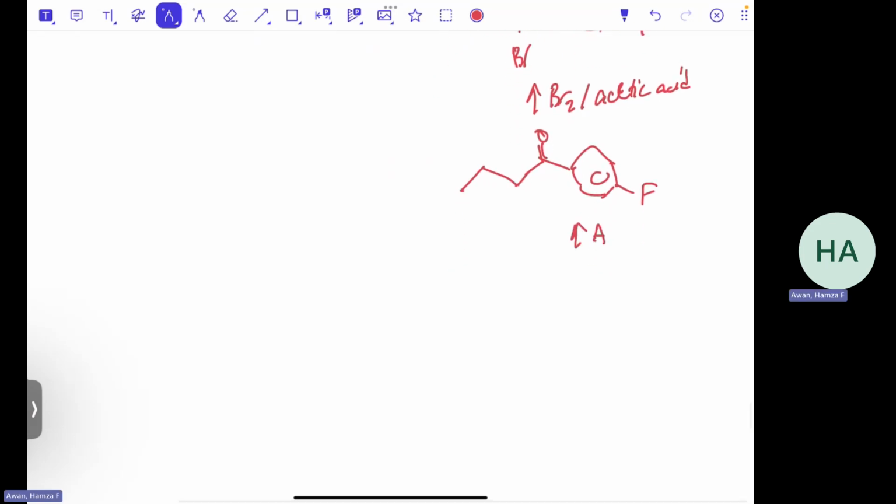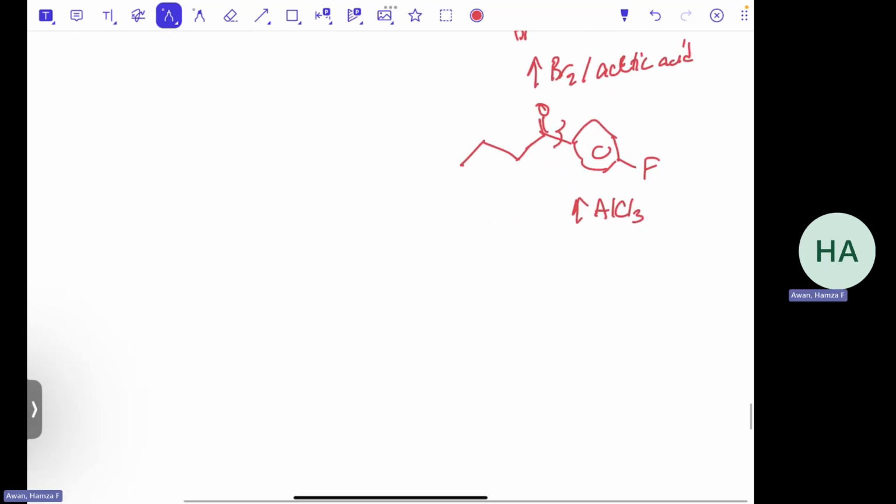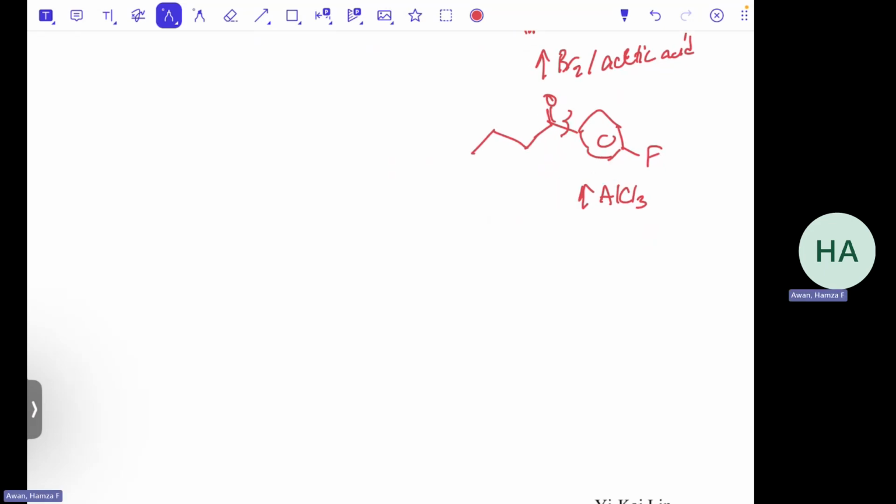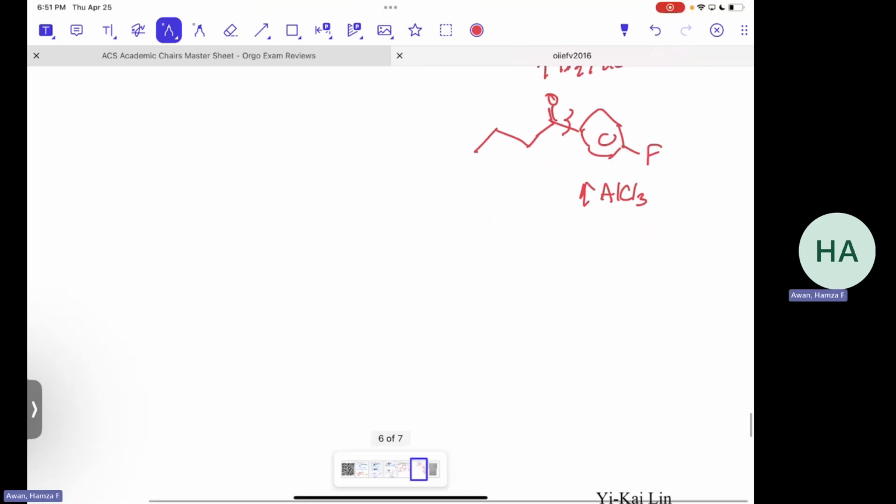So we can use AlCl3, and we can cleave this bond, and we can separate them into two separate things: one into an acid chloride, with our Cl, and then on this side we have our benzene ring with our fluorine.